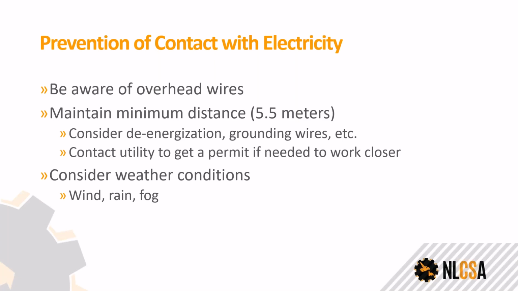We're also going to consider some of the weather conditions, so not only at the beginning of the day, but the whole time that we are working from an aerial work platform. So some of the major ones to consider is the wind, right? In big windstorms or in windy areas, there's the potential for the aerial work platform to come in closer contact with energized wires.